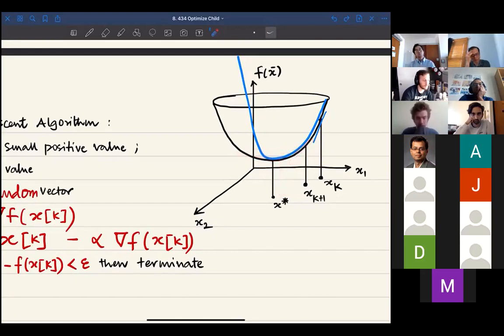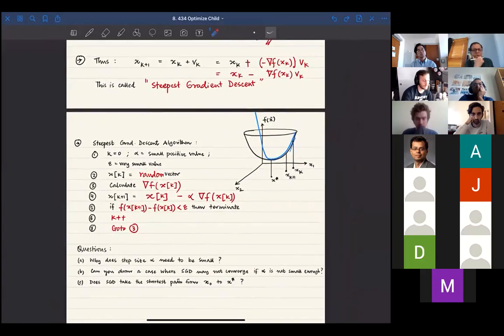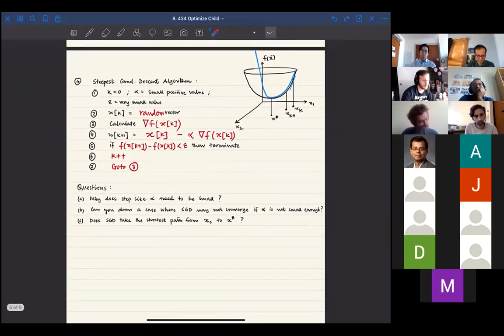Okay, I need to think about that. I'm not sure. Let me think about that and tell you. If it is symmetric, it can oscillate for sure. Can it diverge if it is symmetric? Okay, let me think about that. And one more thing I want you to think about is, does SGD take the shortest path from x0 to x star?